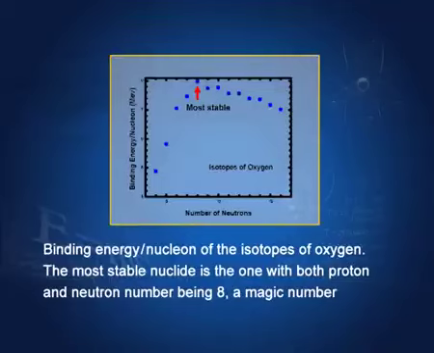That is the magic of magic numbers, one may say: the number of protons in this isotope is 8, the number of neutrons is also 8, both are magic numbers, and therefore, this isotope is the most stable compared with the other isotopes of oxygen. So, this is the magic of magic numbers.